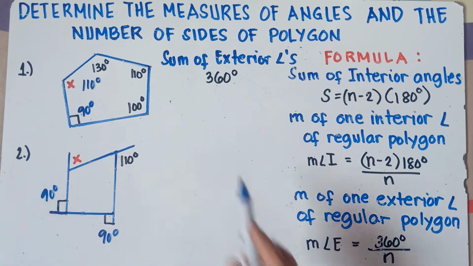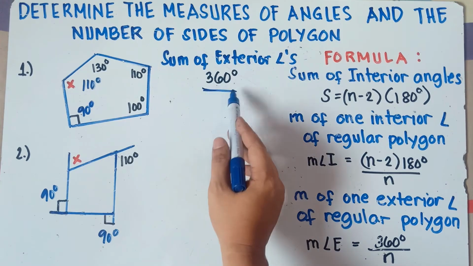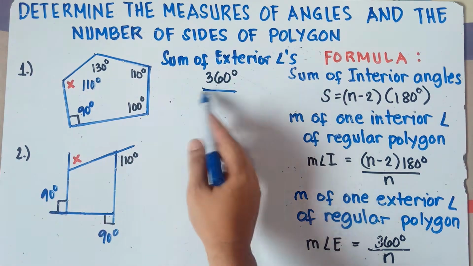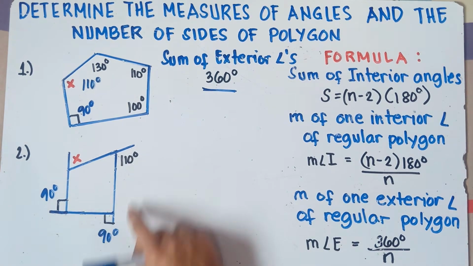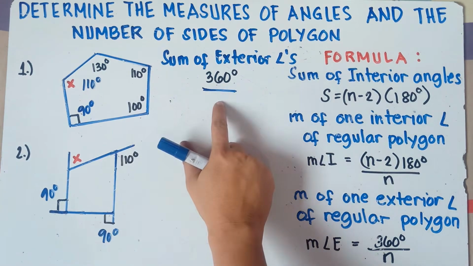Now always remember, class, that the sum of exterior angles is always 360 degrees. Any kind of polygon, class, if you add the exterior angles, it's always 360 degrees. So the thing that we will do is simply add this up, and whatever the answer is, we subtract it from 360 degrees.